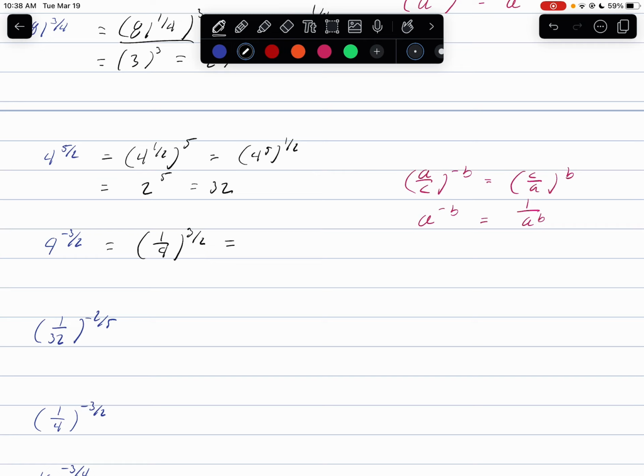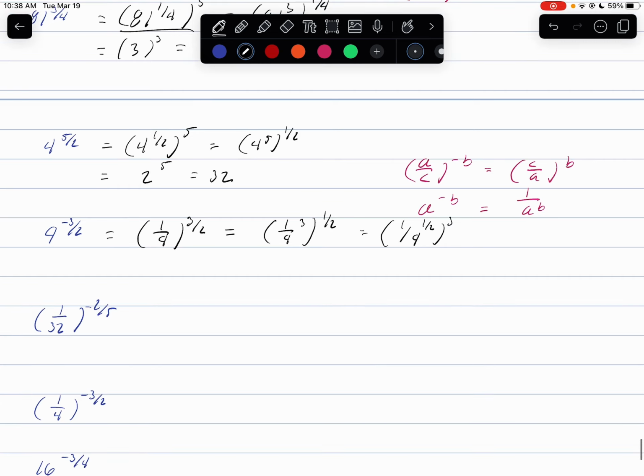We'll start with writing this out. So we can write this as 1 over 9 raised to the third, and we can take the 1/2 of that. Or we can think of this as 1 over 9 to the 1/2 raised to the third. Okay, and I think that's probably the one we're going to go with here.